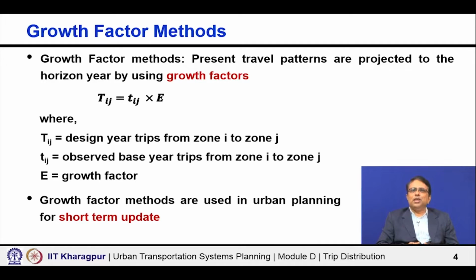Synthetic models have their own advantages, but we would not always like to use synthetic models. There are many cases where you cannot use synthetic models or where you need not use them. You can use simply a growth factor based model to do your work. That is what is mentioned here in the last point: they are used in urban planning, particularly useful for short term update.